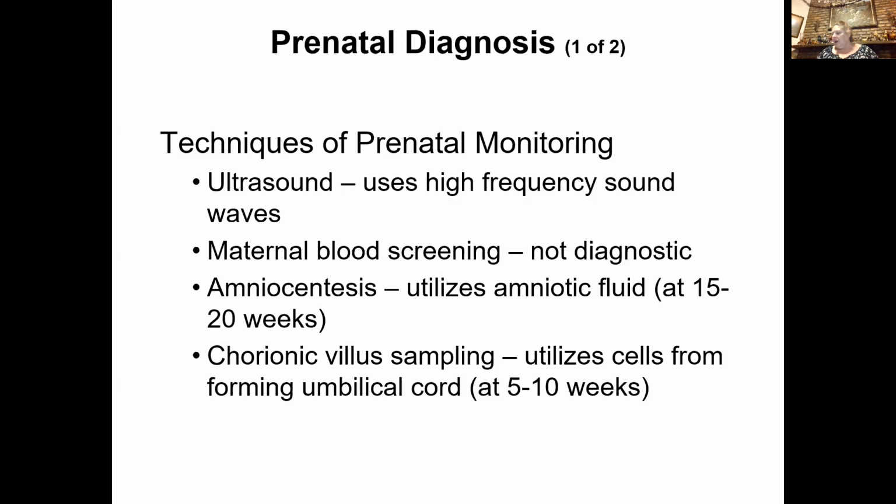All right, both amniocentesis and chorionic villus sampling are very accurate in finding genetic disorders. Amniocentesis is almost 100% accurate, and then the CVS, chorionic villus sampling, is about 99%. So these are very accurate tests that you can get.